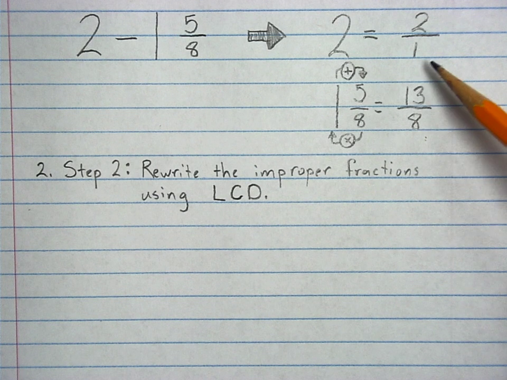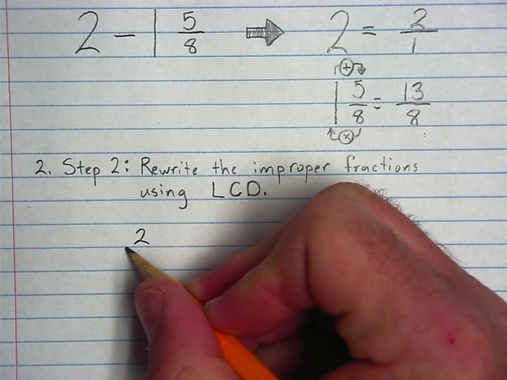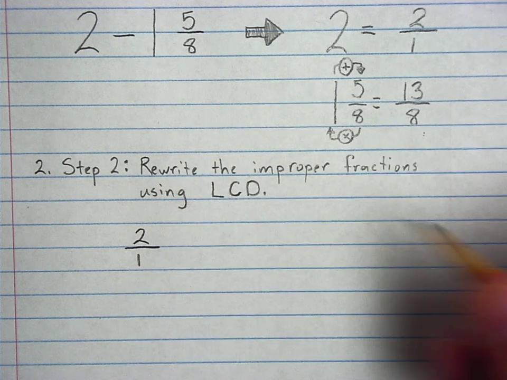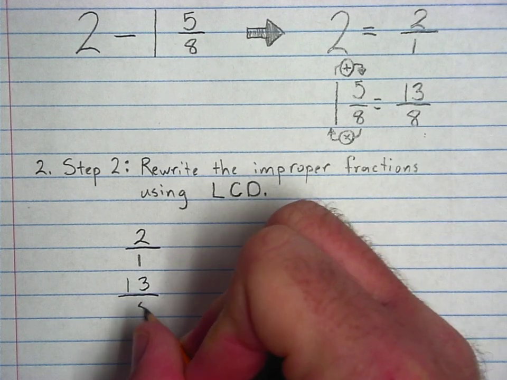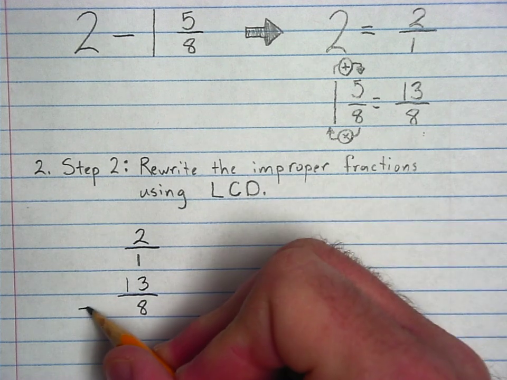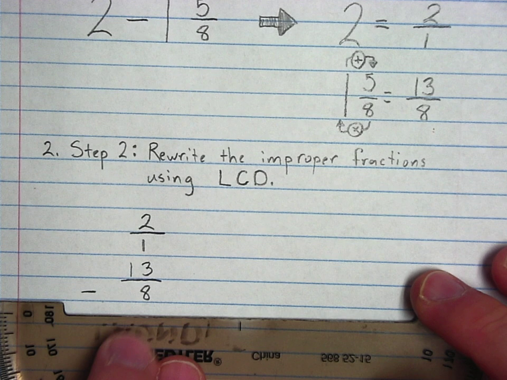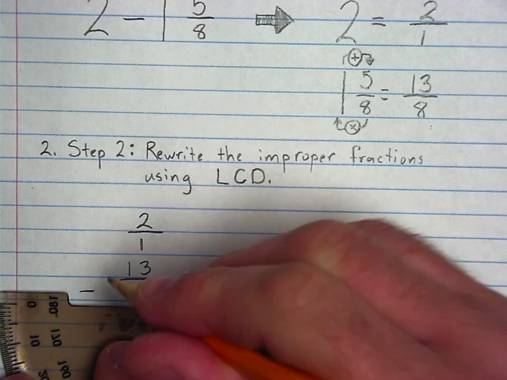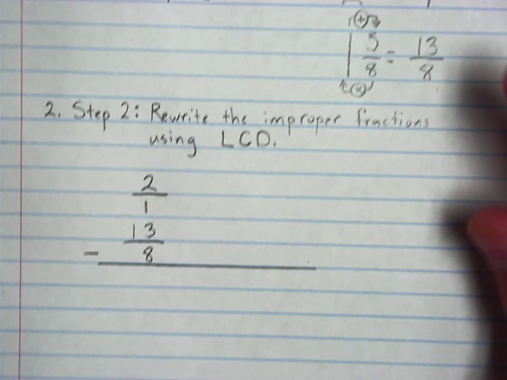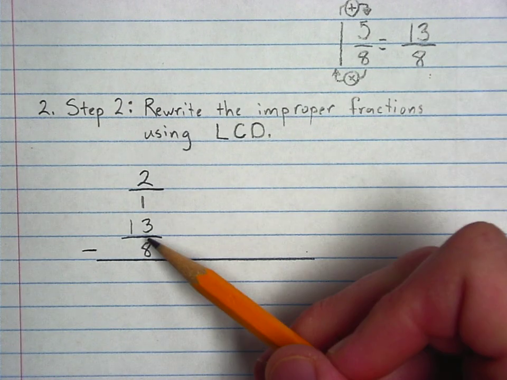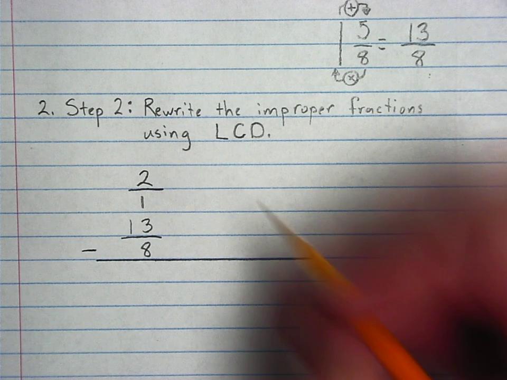So let's take our fractions from over here and write them down below. We have 2 over 1, 13 over 8. Now I'm looking at that, and that does not look like I should be able to subtract. That top fraction is just 2 over 1. Those are pretty small numbers. Then down below we have 13 over 8. That seems a little ridiculous.